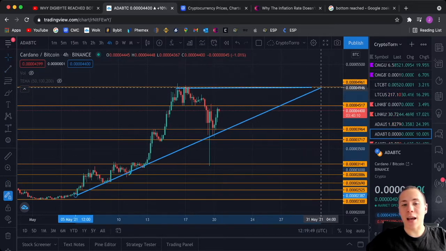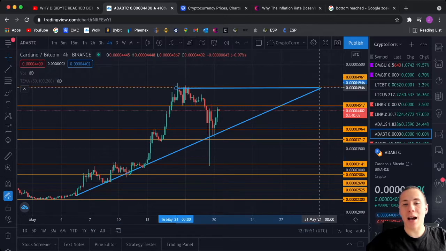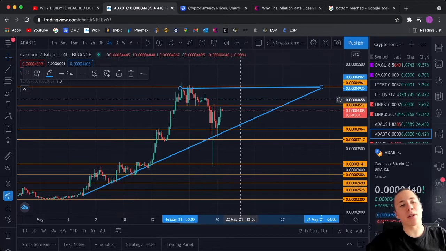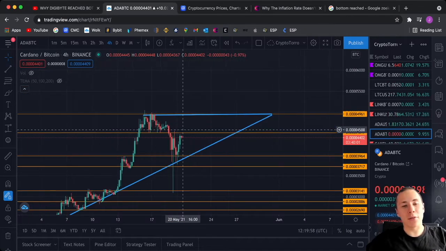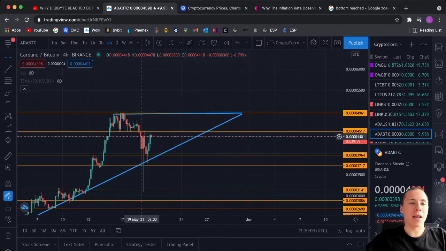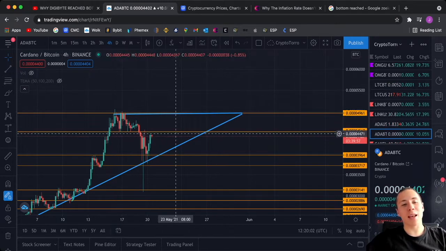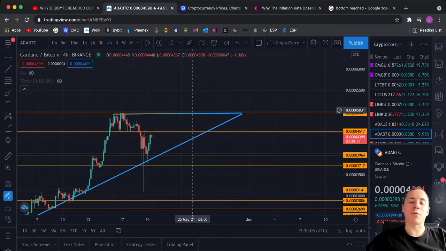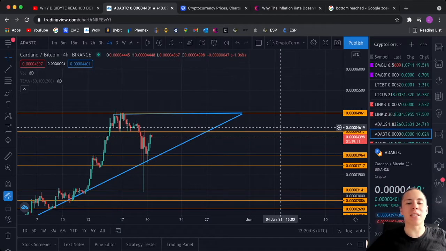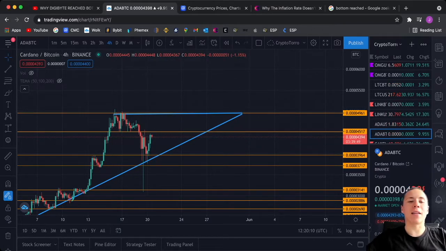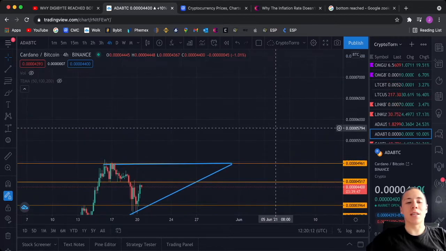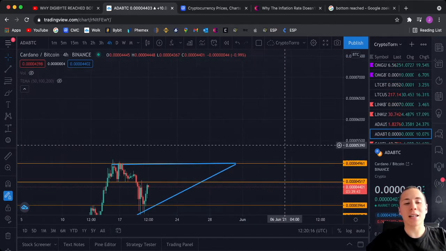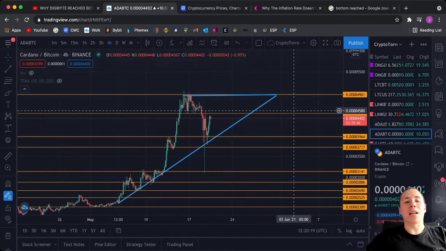And if it has enough strength to break out of this horizontal level of resistance, right now this pattern is not a pattern that you have to take a look at, because we don't have enough touch points. But if we get enough touch points in between these two levels of support and resistance, I personally think that we will be seeing a huge breakout towards the upside, and that we will see Cardano continuing to go even further up. So that's just for now what I wanted to give you as an update on Cardano.